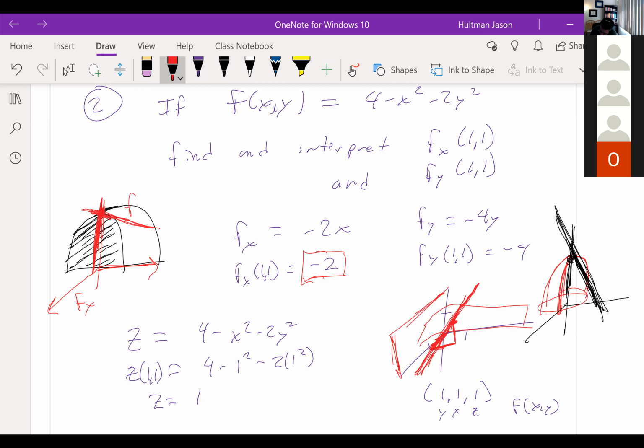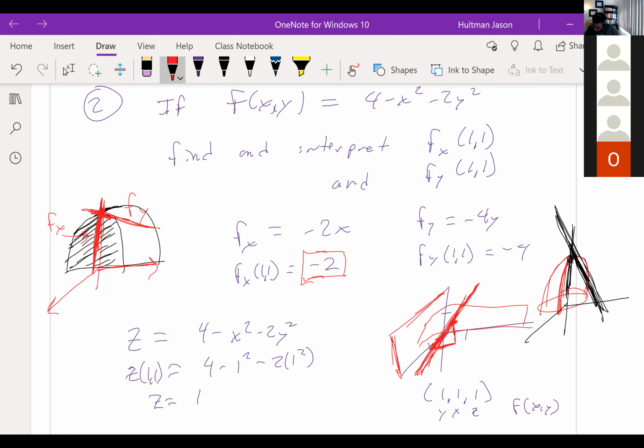So this would be f sub y, whereas this guy here is f sub x. Does it make sense that the slope in different directions on the surface are going to have different values? So your partial derivative in the y direction is going to be different than the partial derivative in the x direction.